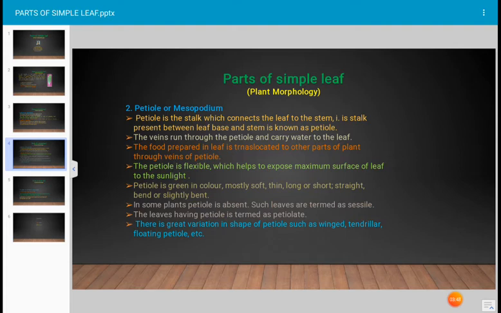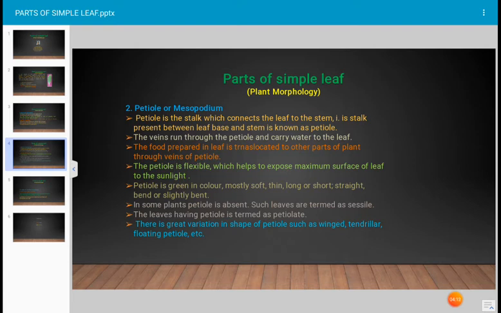Petiole is green in color, mostly soft, thin or long or short, straight or slightly bent, maybe hairy, like this. In some plants, petiole is absent. Such leaves are termed as sessile. The leaves having petiole are termed as petiolate.